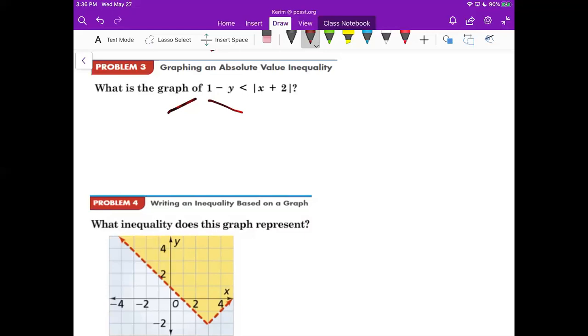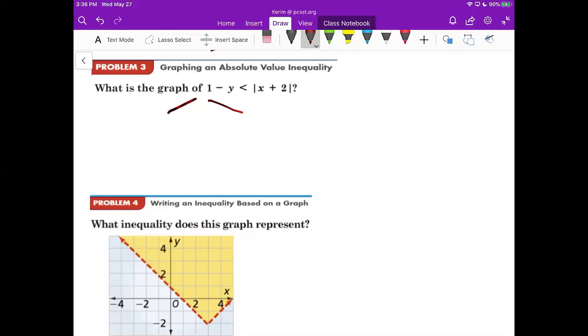Can we use the parent function, the absolute value parent function, which is the absolute value of x? Yeah, we can use that one. Right. So let me go to the graphing calculator and show you that one.